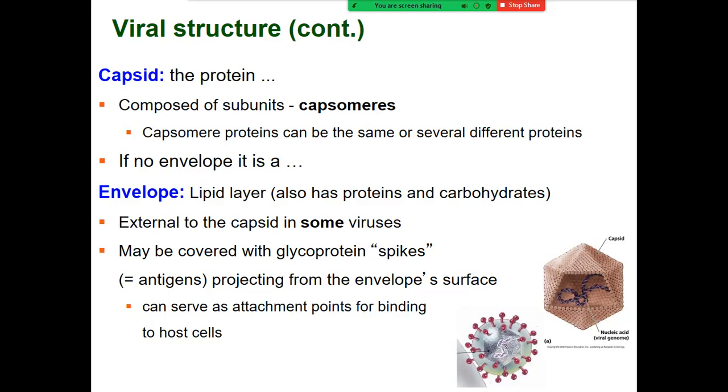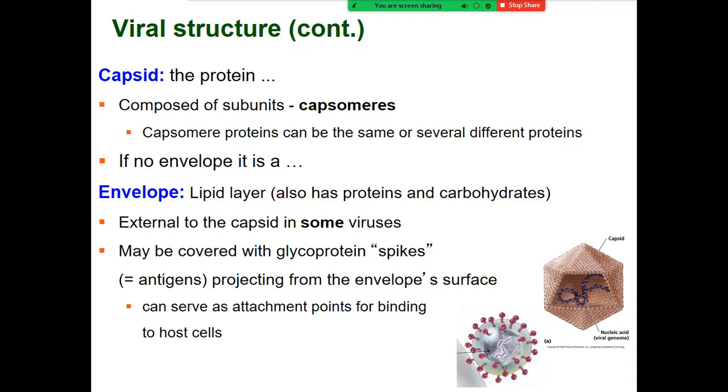So for example, when we make antibodies to a virus, the antigens typically are the molecules furthest out on the virus. And on this virus, the spikes are the molecules furthest out, so the spikes serve as the antigens. Any question about that?